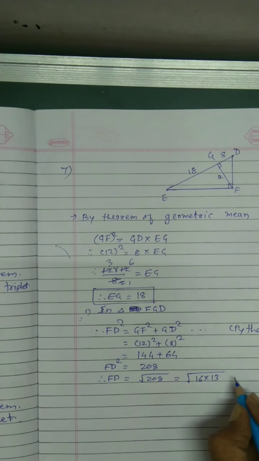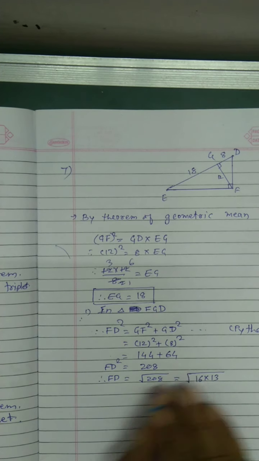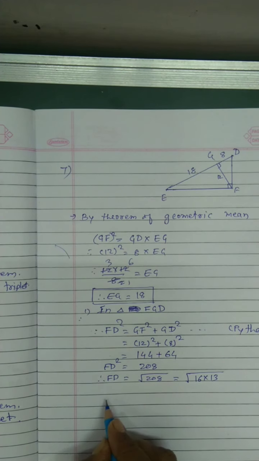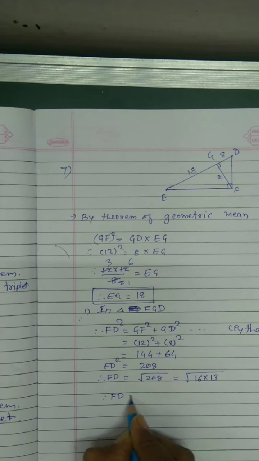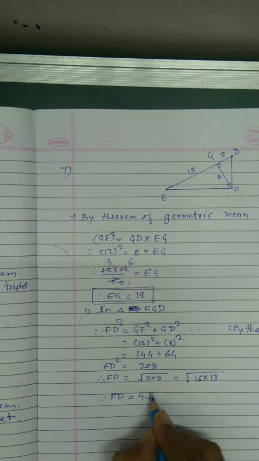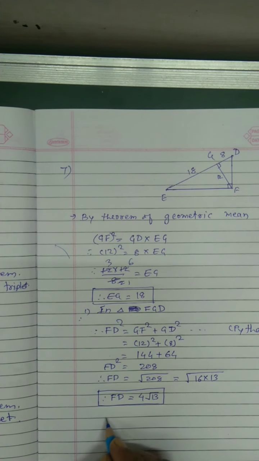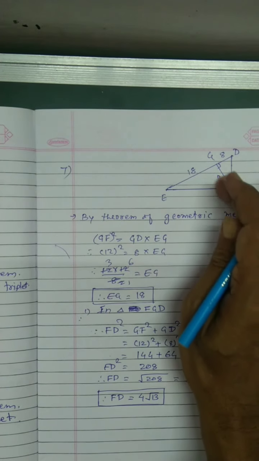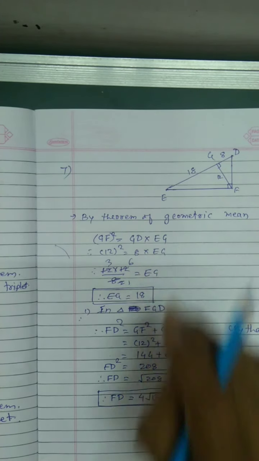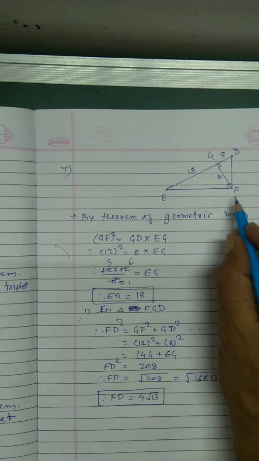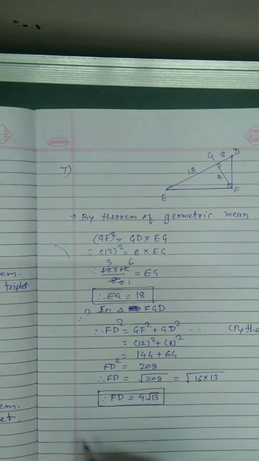Take the 16 outside the root sign, and hence we get FD is equal to 4 root 13. That is our second value. And for the third value we take this right angle triangle FGE.